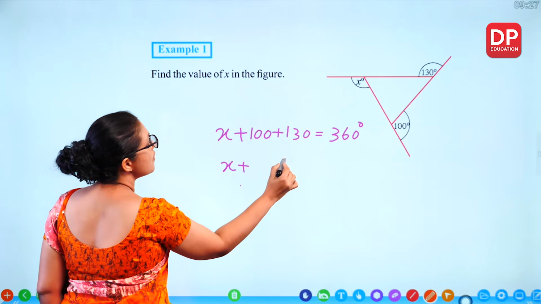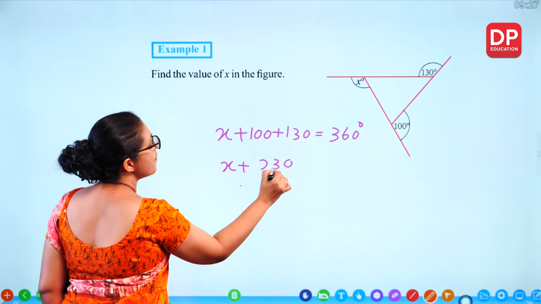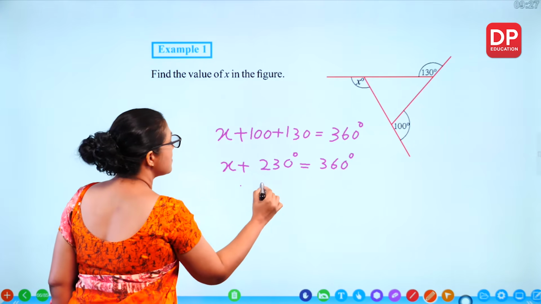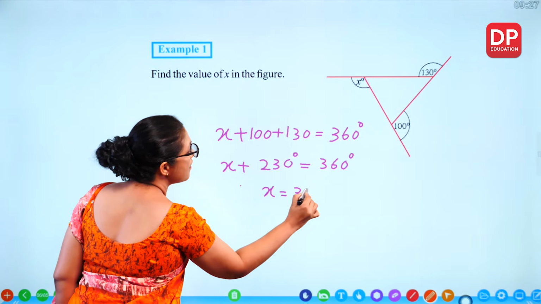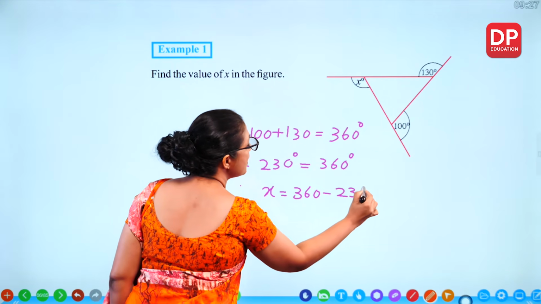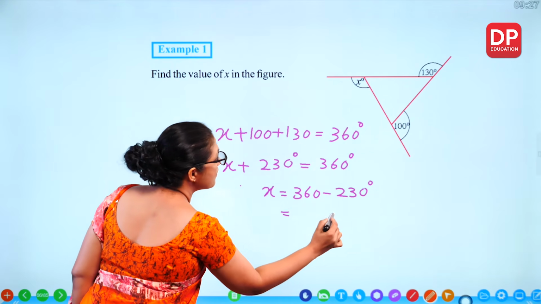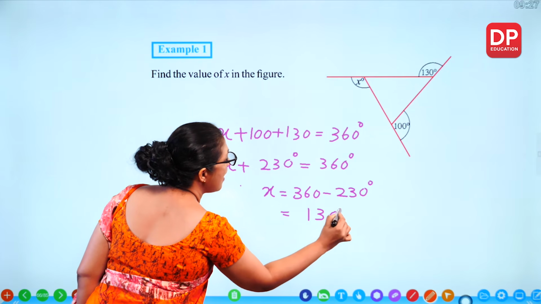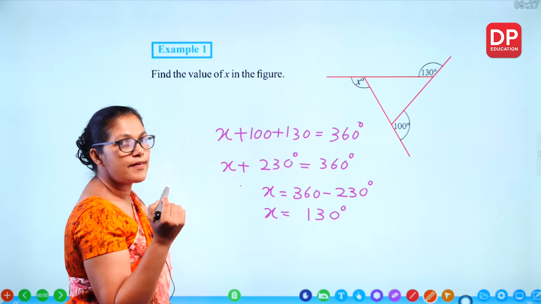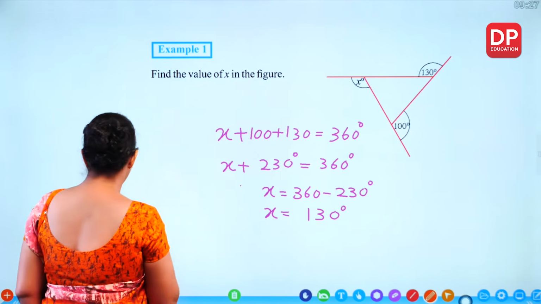X plus, when you add these two, you get 230, is 360. Subtract 230 from 360, you get 130 degrees. So x is 130 degrees.